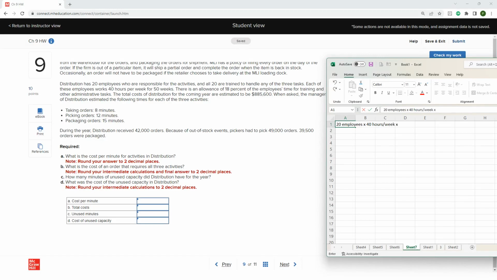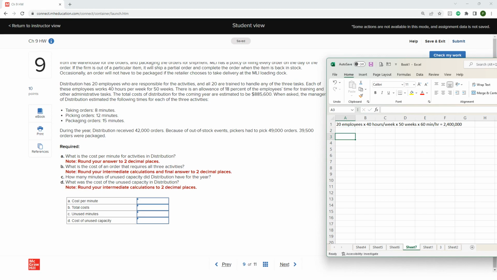Remember that the fact pattern says that 18% of our time is going to be for training and other administrative tasks. So we don't really have 2,400,000 minutes of work at our disposal.